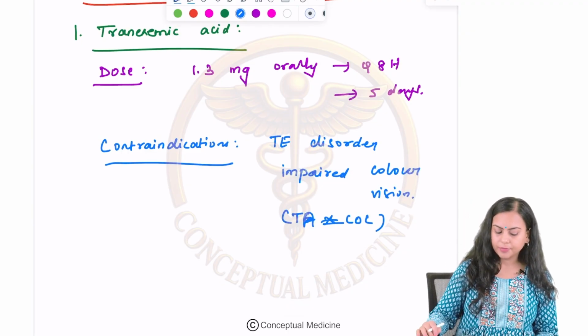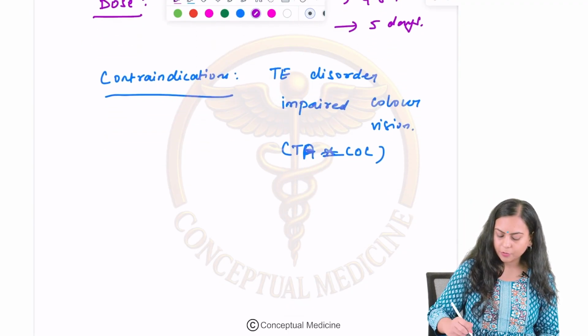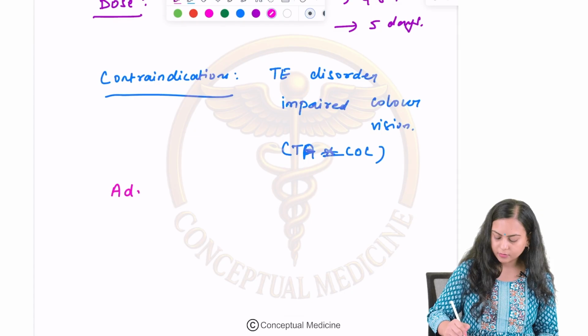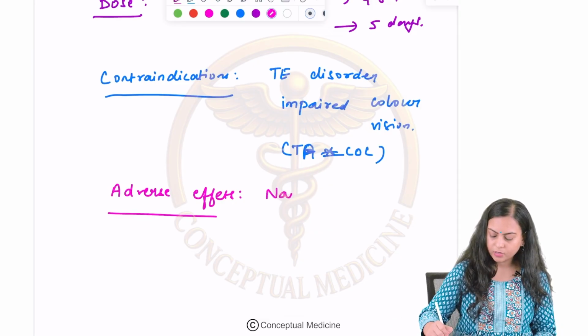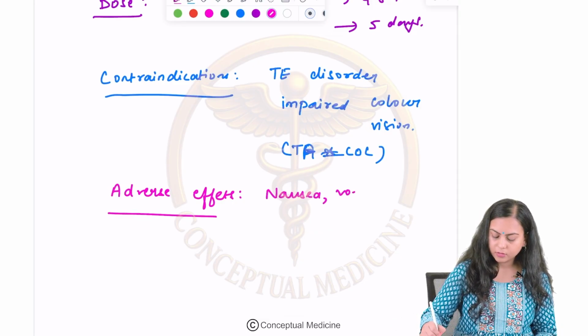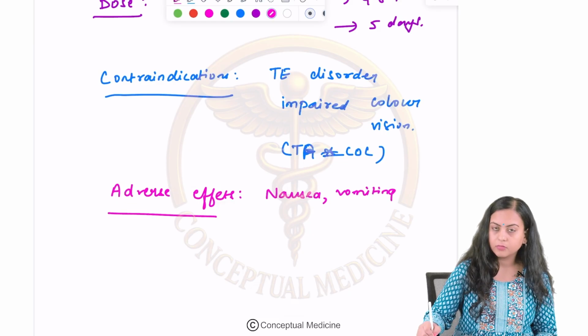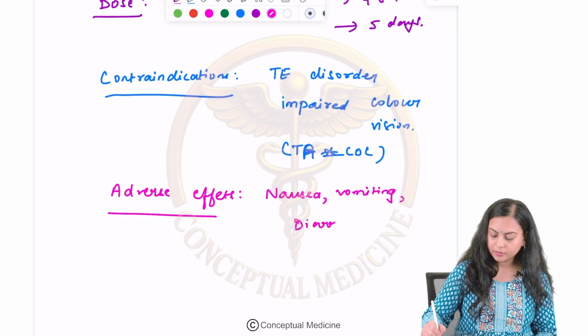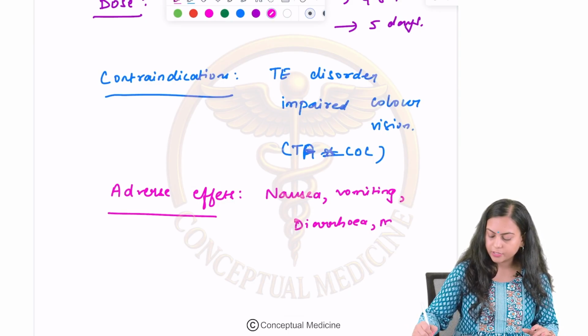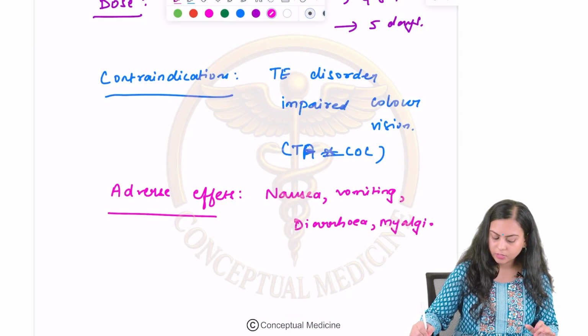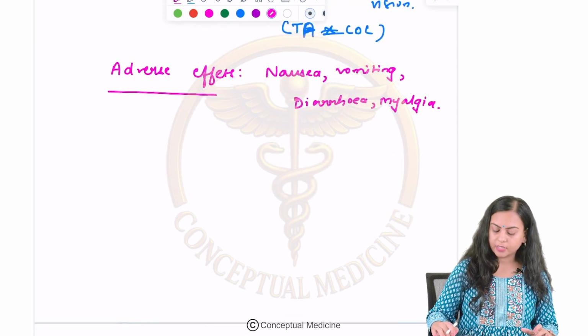Clear? Right. Now, let's see about the adverse effects. Adverse effects include nausea, vomiting, diarrhea, and then myalgia. Clear? Right.